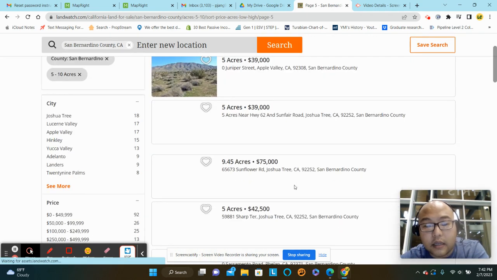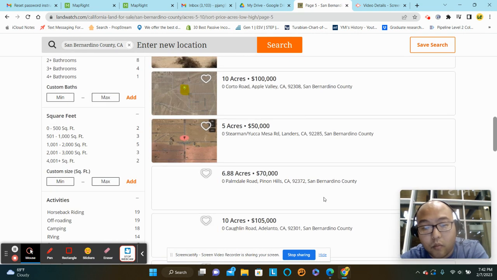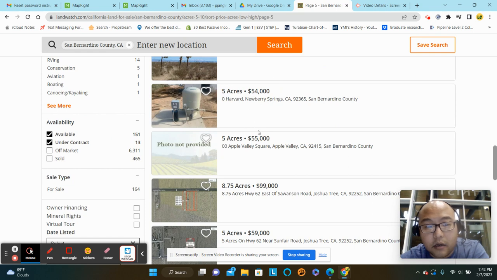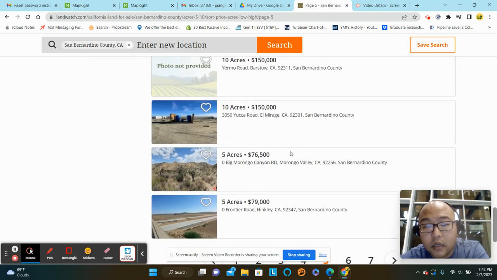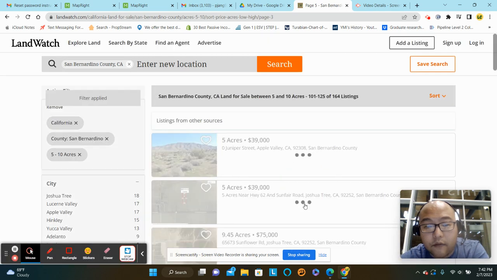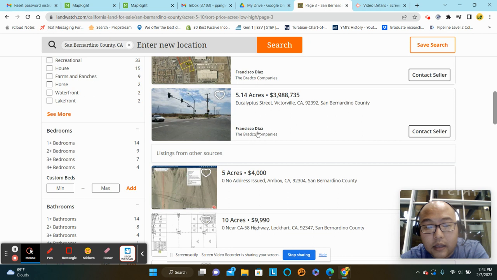But what we're kind of looking at is they're probably way overpriced, but here it is. Like you got 5 acres, 54,000, depending on the zip code. And then if you kind of go around, let's see here. So we're seeing these are paying LandWatch for you to advertise.